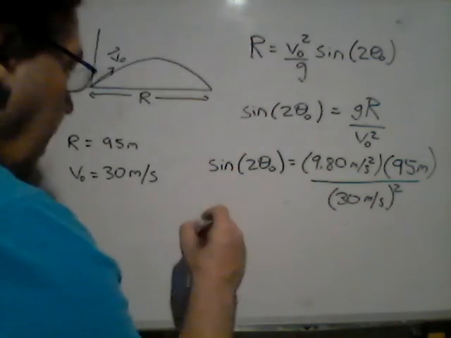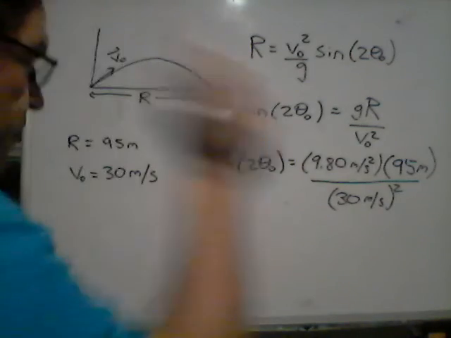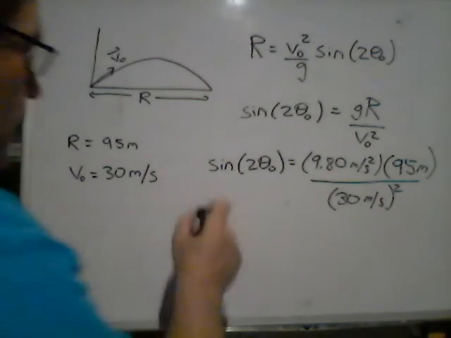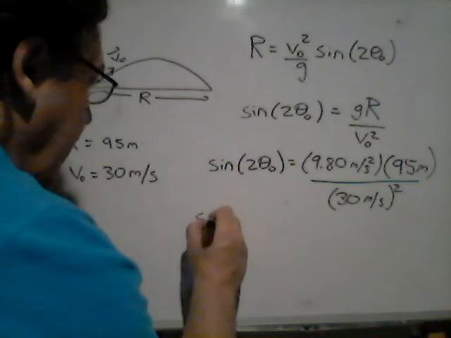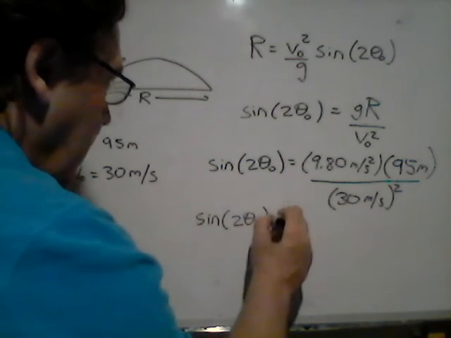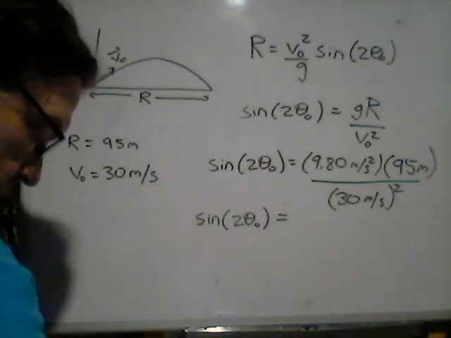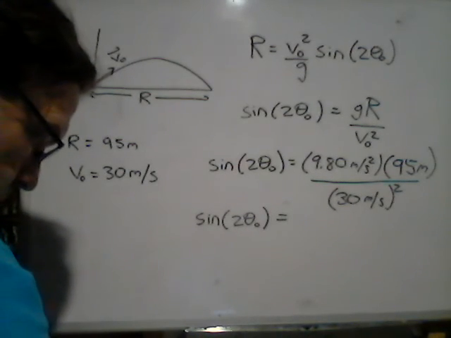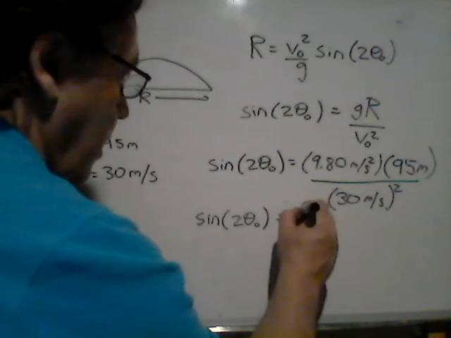When I work this all out, again, this is going to give me a unitless number on the right-hand side. I will find out that the sine of 2 theta naught is going to equal about 1.03.